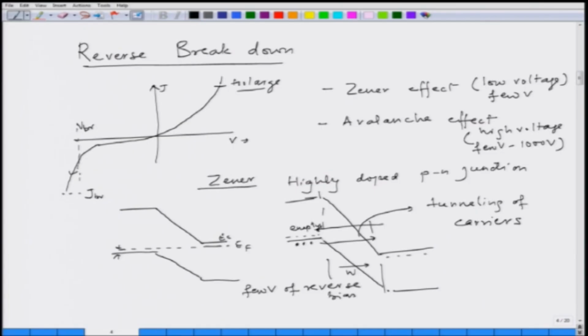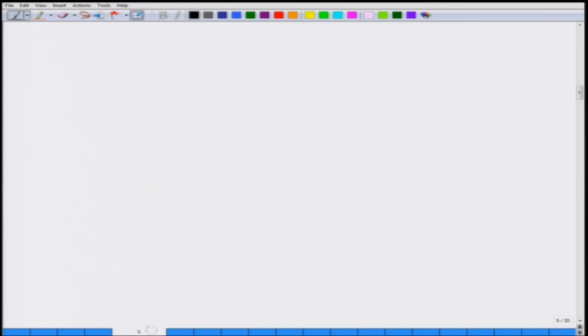On the other hand, the avalanche effect is something which happens at very large voltages, avalanche breakdown, and this is taking place due to a process that we discussed in module 3, known as impact ionization.